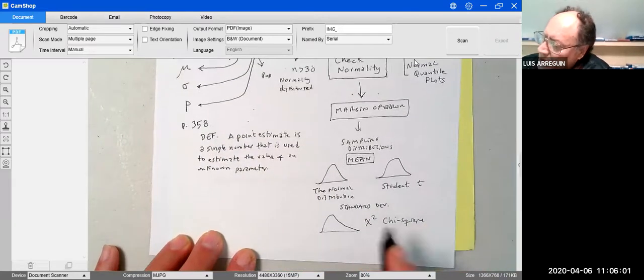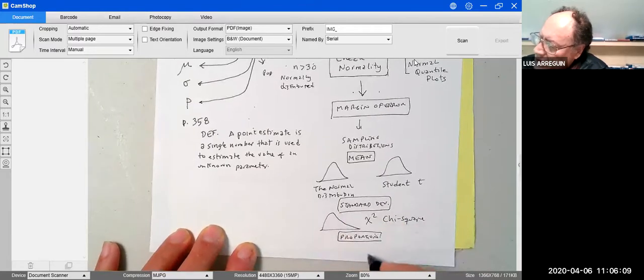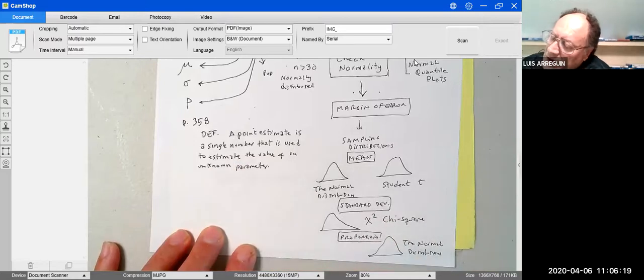Finally, if you want to know about the margin of error for proportions, then we're going to use the normal distribution. So this is a summary of what we're going to do in chapter 8.